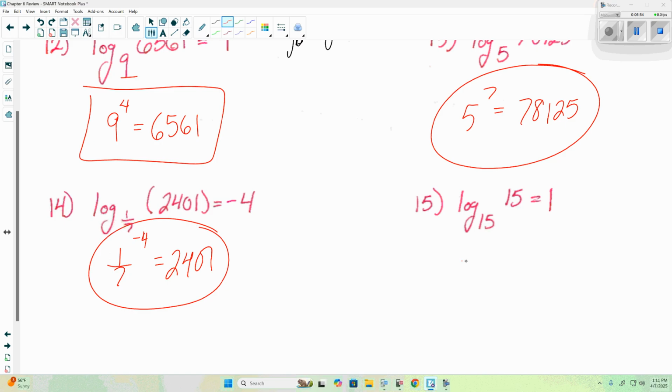So what would 15 be? Okay, pretty simple. So we're good with 12 through 15.